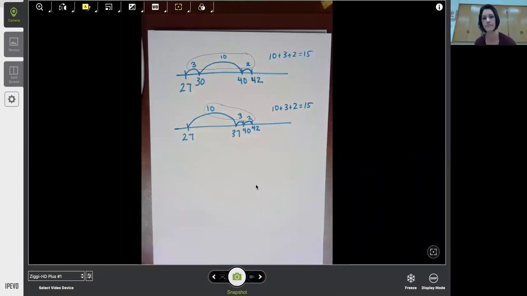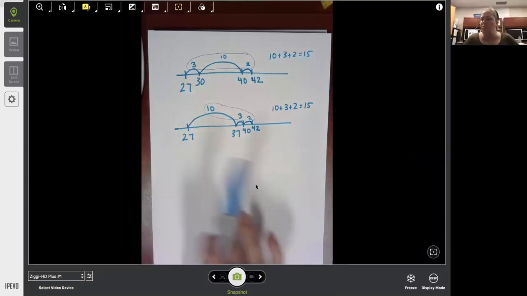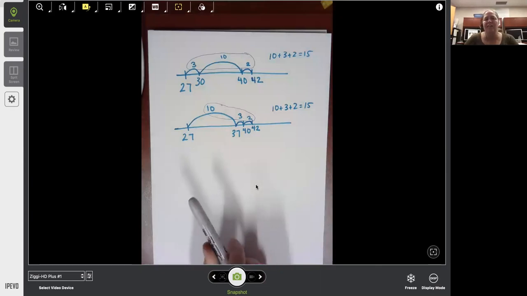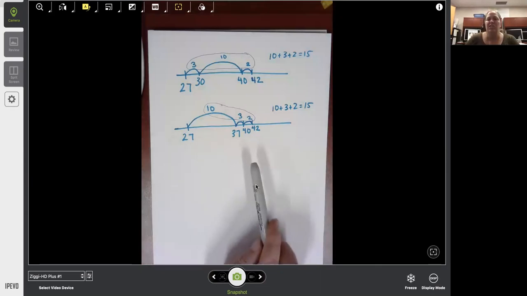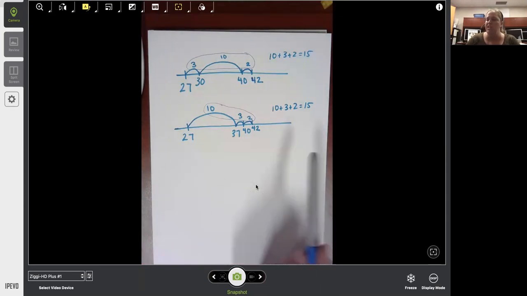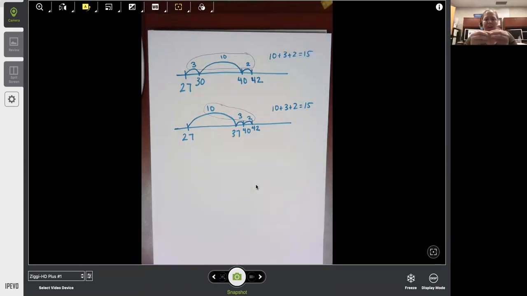And so we'll see students do this as well. And this is one of the things that using that join change unknown problem will help us get, because it's a joining action, we'll often see students using and adding up to find the distance or the difference between those two numbers, because the action in the problem prompts them to do so.